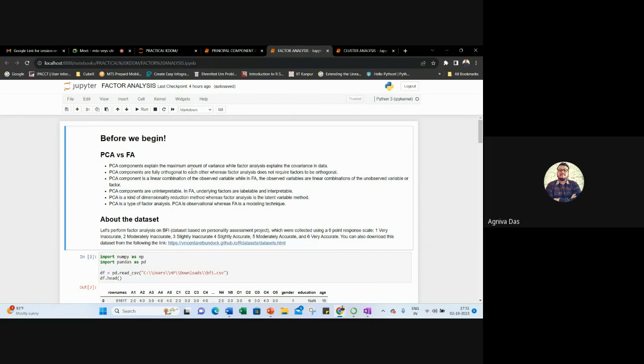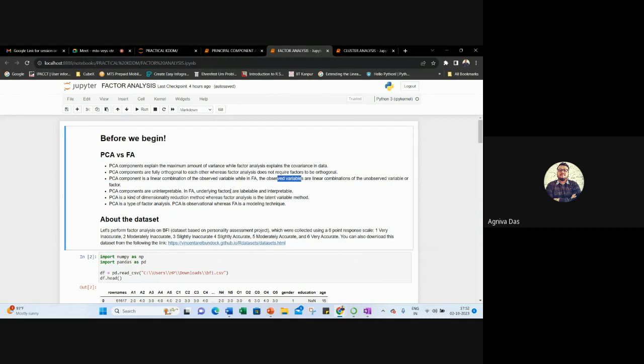So, which means that whatever observed variables we have in exploratory factor analysis, a PCA component is a linear combination of the observed variables, right? Now, if the observed variables are linear combinations of the unobserved variables or factors, then in that case it will be FA, it will not be PCA.